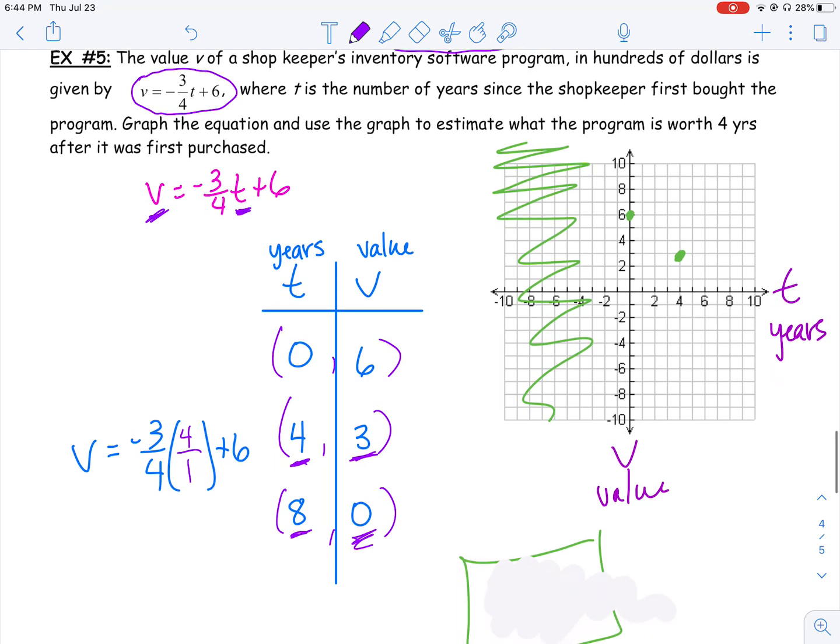Okay, well, when I go to graph these ordered pairs, I have 0, 6, over nothing, up 6; 4, 3, which is right 4, up 3; and I have 8, 0. So I can connect these, and really I probably shouldn't be going over to the left at all, because that means time, and then you're telling me that time is negative.